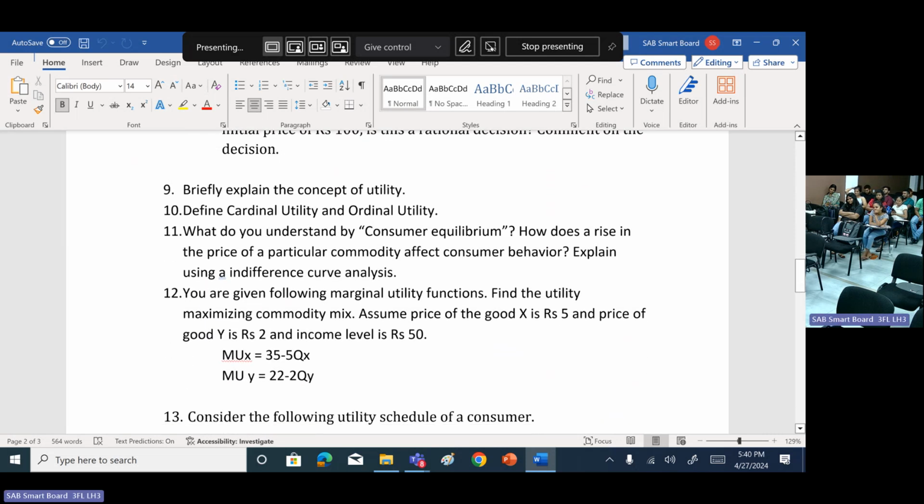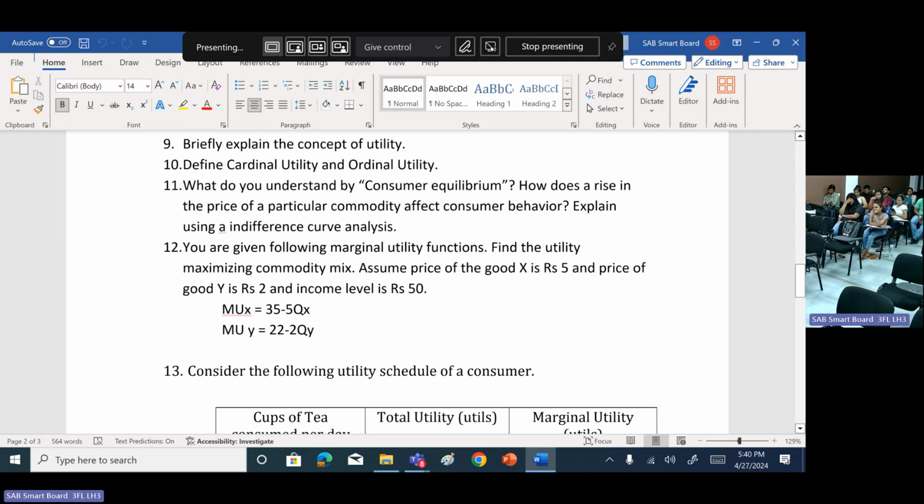So right now, the cardinal and ordinal measurability of utility. Then on this one, we talk about the marginality concept: MUX over PX equals MUY over PY. We have been given the marginal utilities and the prices.